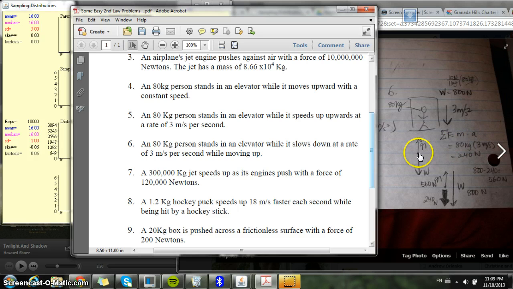Instead of our normal force vector being longer than our weight force vector, it's the opposite now. That's because we're moving downward, or not moving downward. The acceleration is going downward. So we have more force in a downward direction.